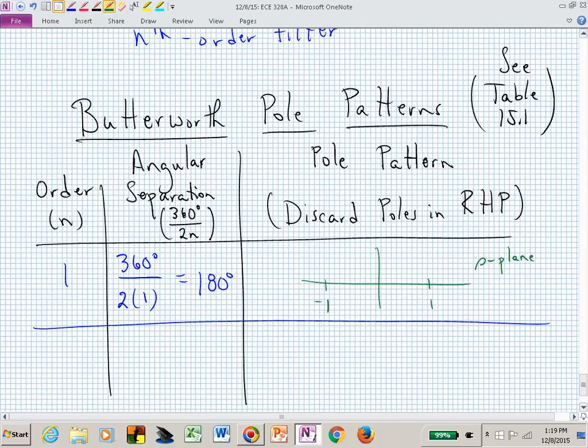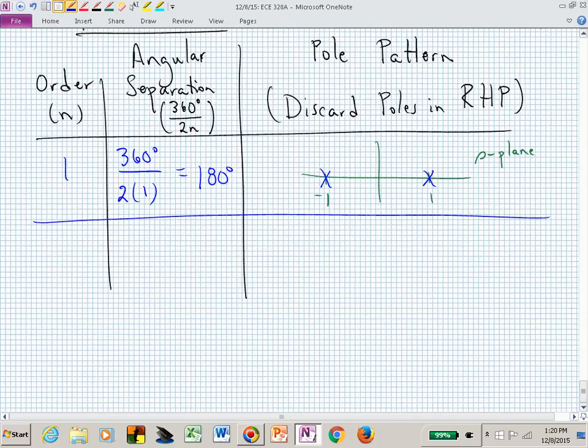There's my unit circle, radius 1. Where are my poles? If they're separated by 180 degrees and I want 1 in the left half plane and 1 in the right half plane, 1 and minus 1. And which one am I keeping? The minus 1. And so there's my transfer function, 1 over S plus 1. We've already talked about that.